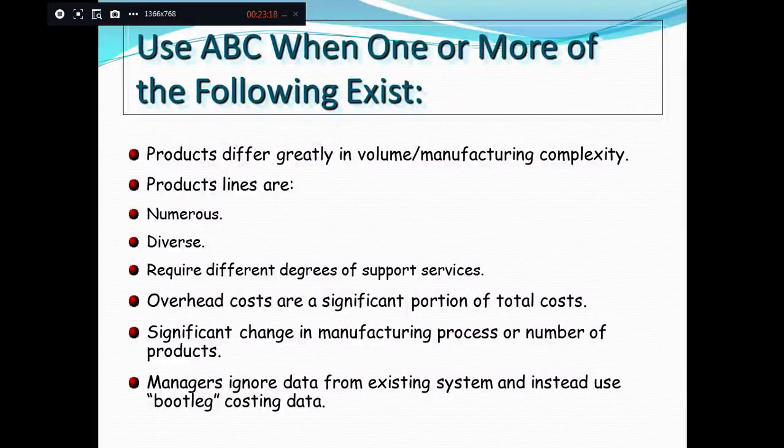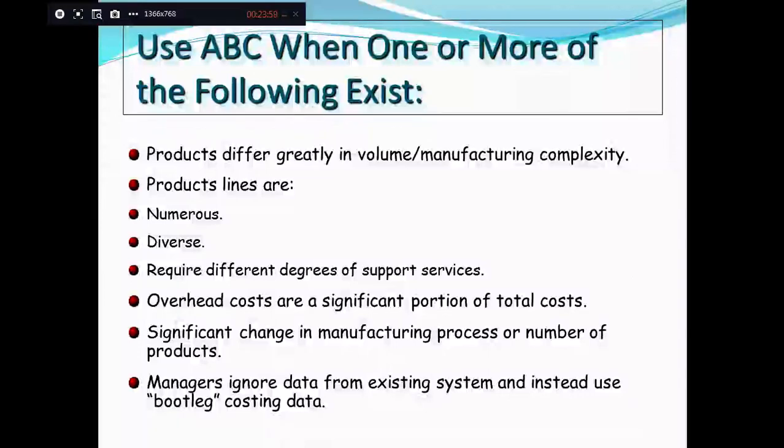First, products differ greatly in volume or manufacturing complexity in your manufacturing plant or business. Second, product lines are numerous and diverse. Or if the product lines require different degrees of support service, then you can use the ABC costing method.